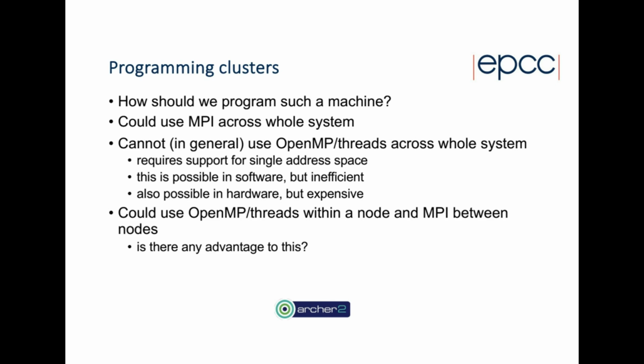It's very hard to do it efficiently. It's also possible, and you don't see many machines like this these days, it's been done in the past, where you use hardware support to do it, but that turns out to be an expensive solution, and it still doesn't scale up to the hundreds of thousands of cores that we're seeing in machines today.